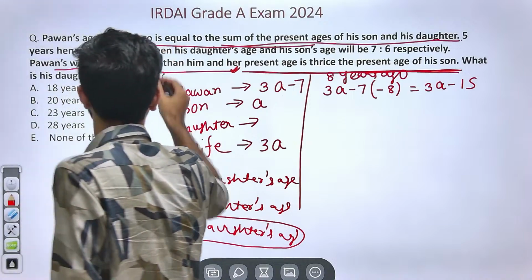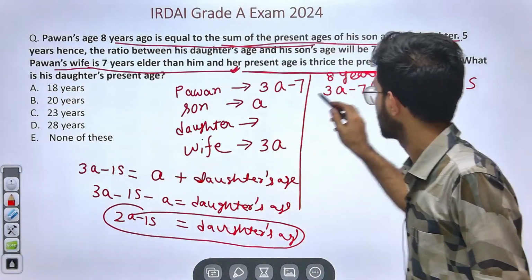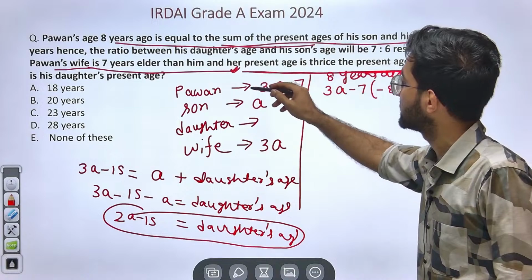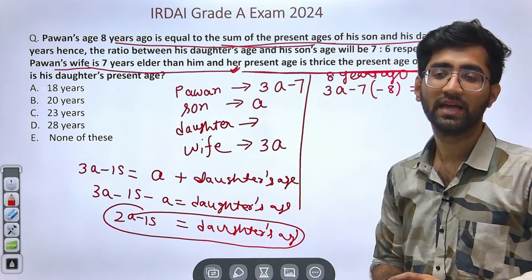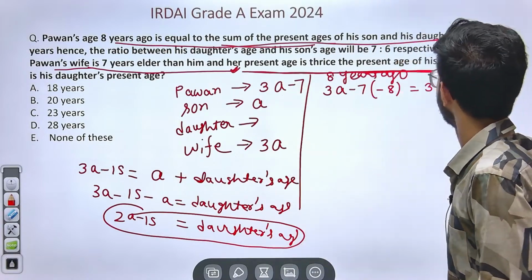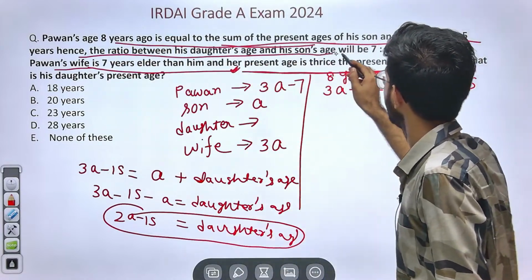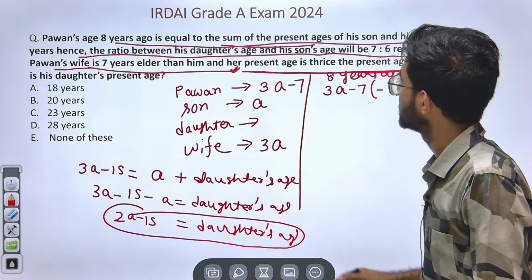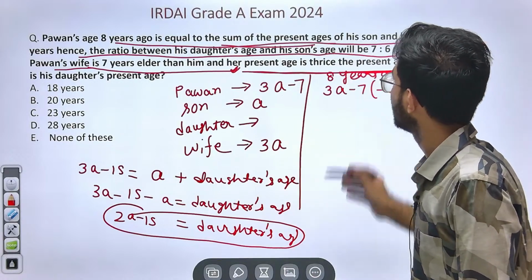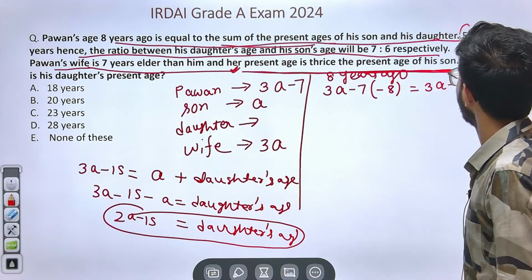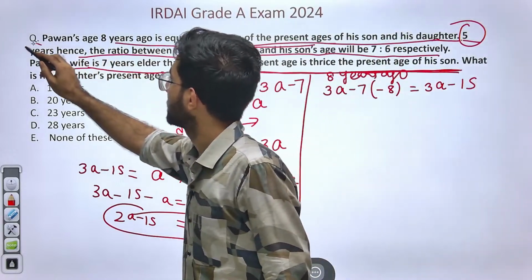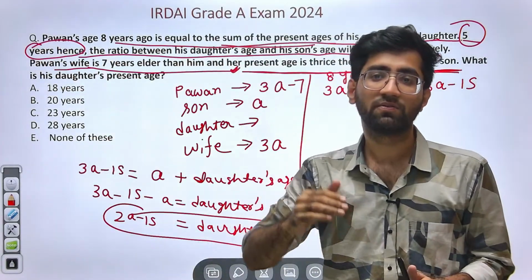We have used the first line to write this equation, and 3A minus 15 is the age of Pawan 8 years ago. Now if you read this further, read this line. 5 years hence, the ratio between his daughter's age and his son's age will be 7:6. 5 years hence, so basically we are talking about 5 years later.